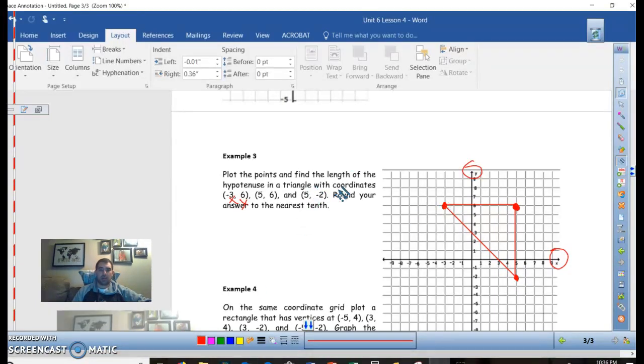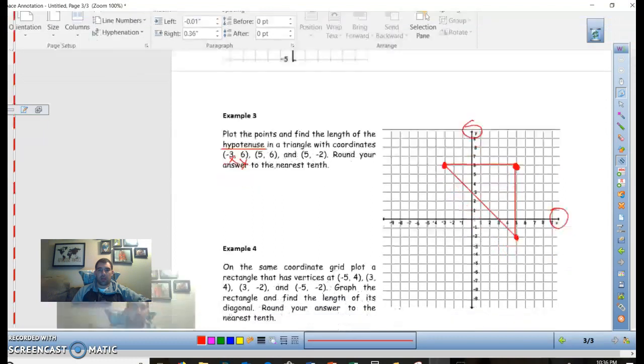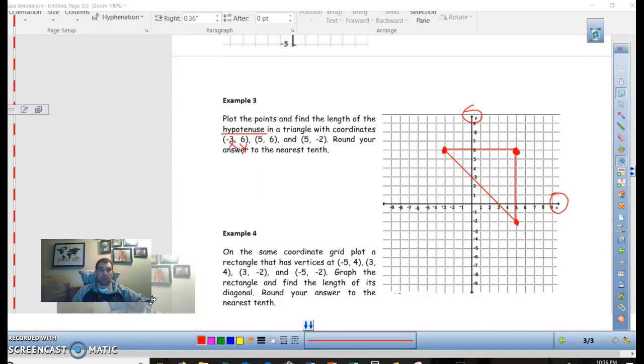Now we need to find the hypotenuse of this triangle. In order to find this hypotenuse, we're going to use our Pythagorean theorem. Very good. So what is the distance of this leg right here? We are at -3 to 5.